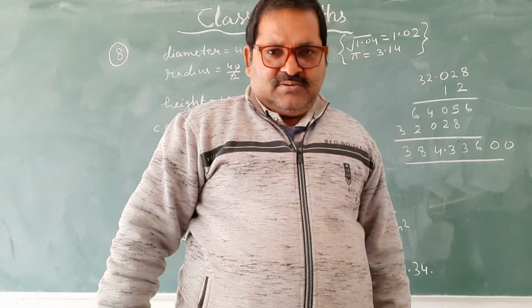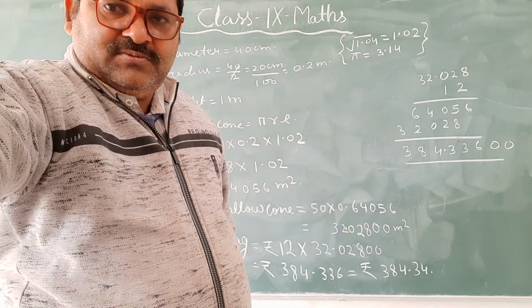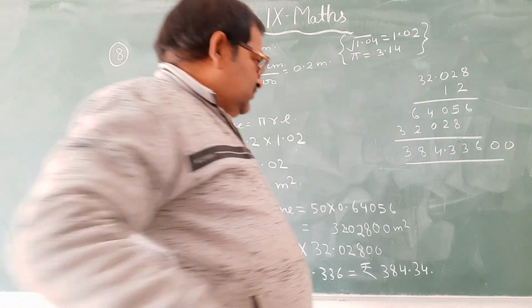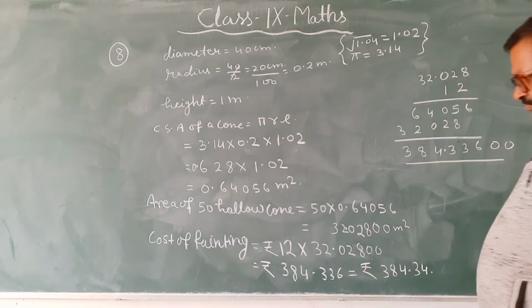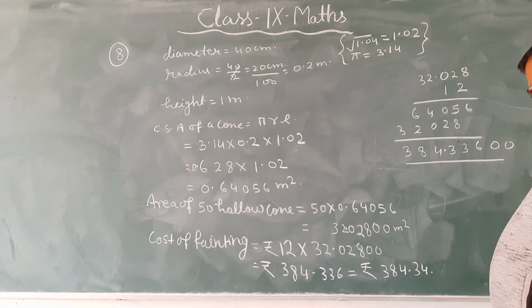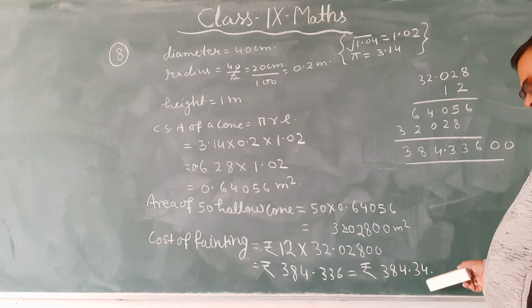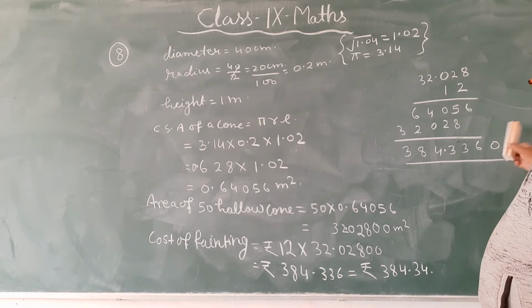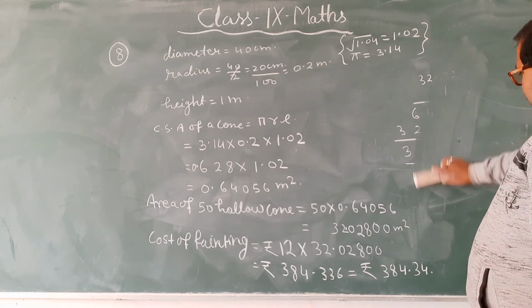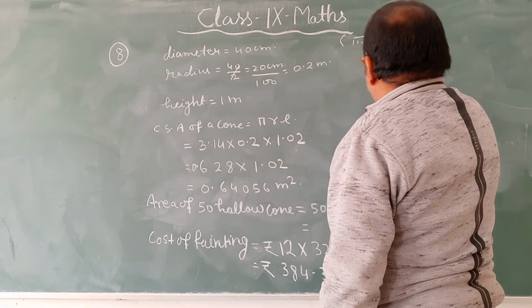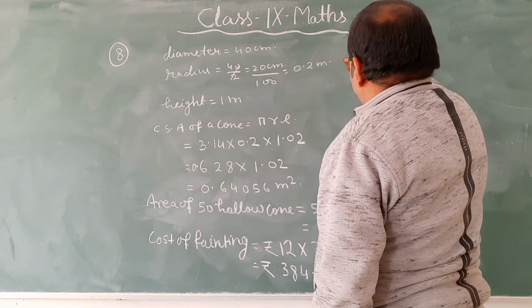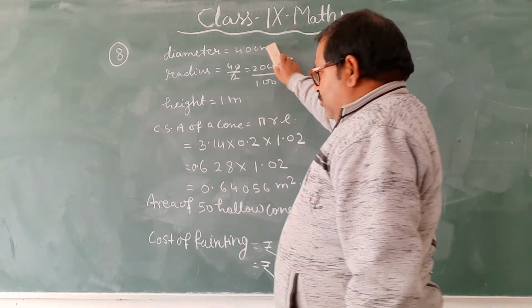Clear? Now this is the cost of painting, rupees 384.34 approximately. This is the cost of painting all the 50 cones for barricading the road.